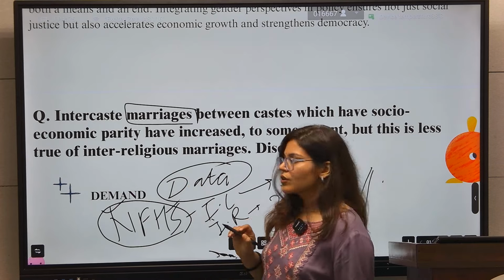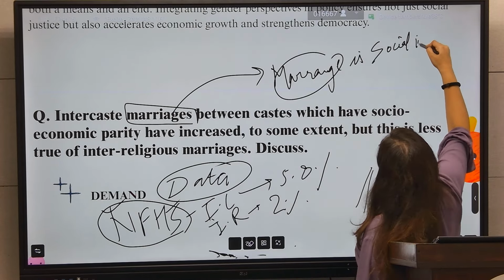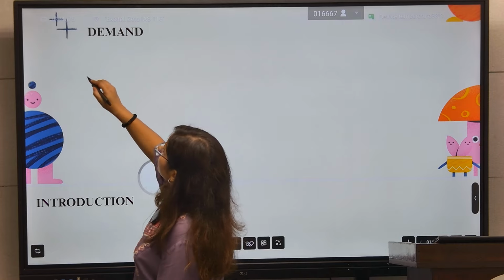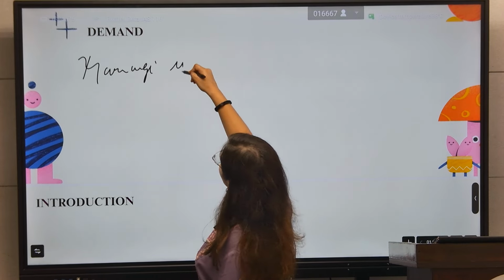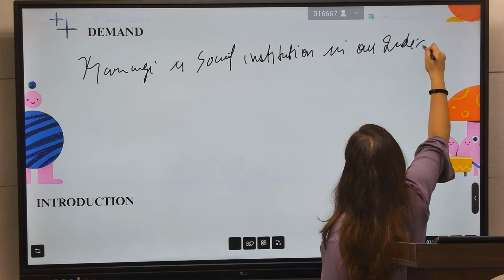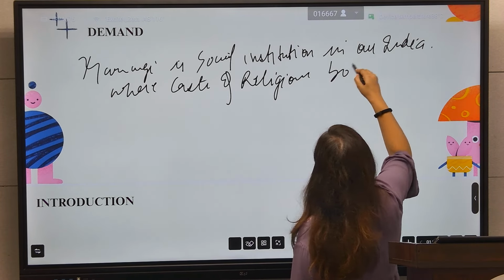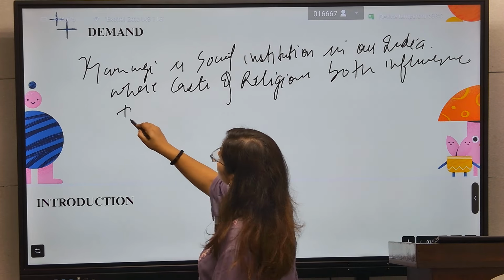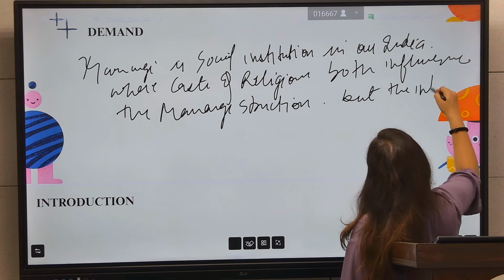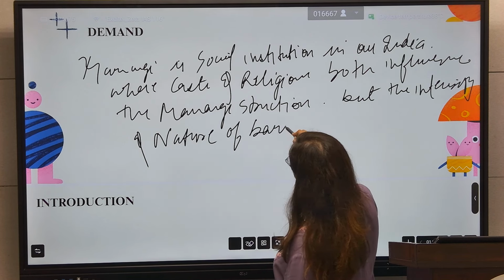Start like this: marriage is a social institution in our society, in India, where caste and religion both influence the marriage structure, but the intensity and nature of barrier differ in both.